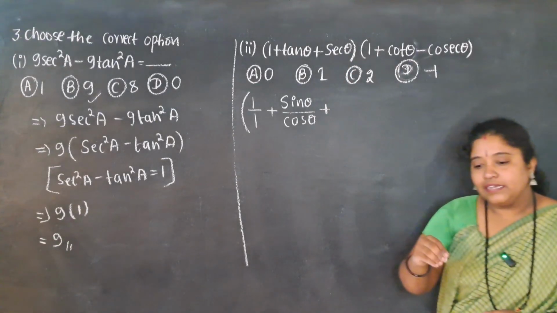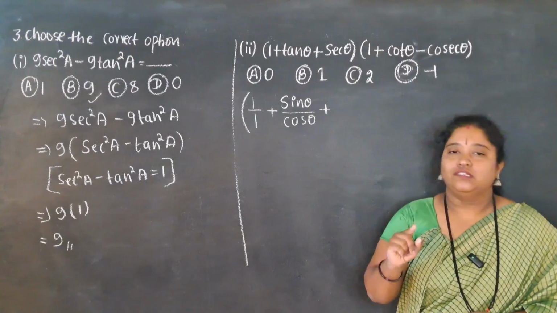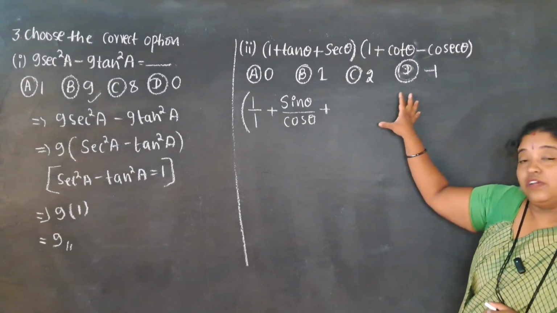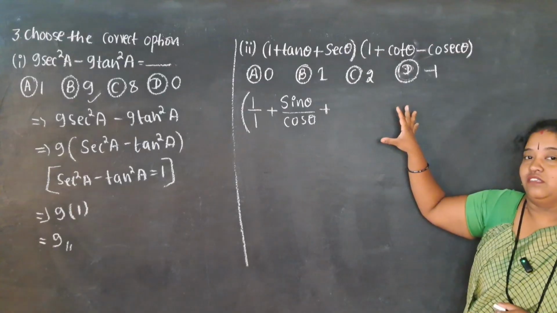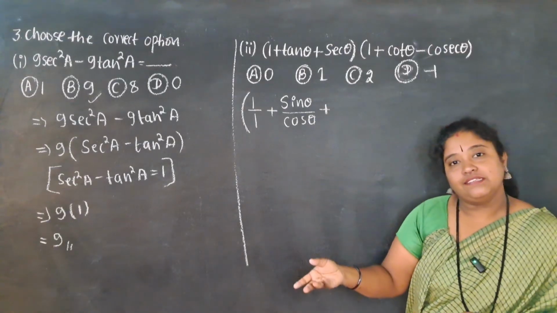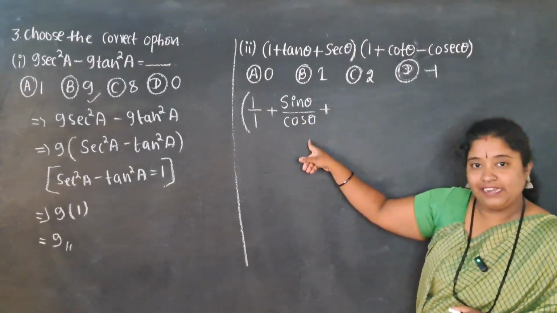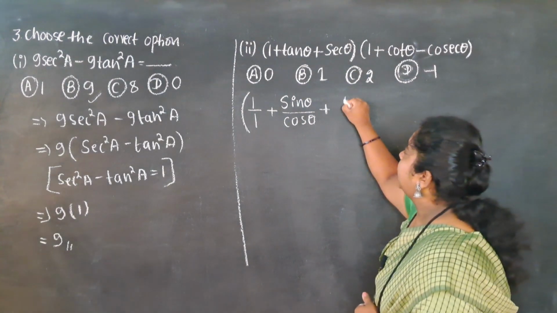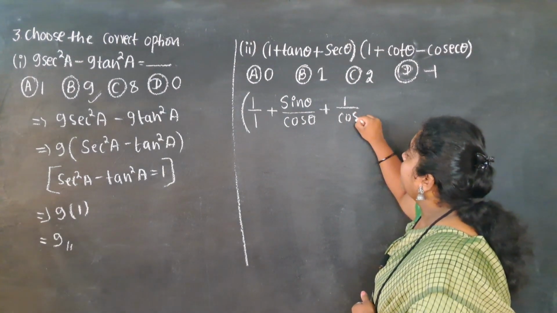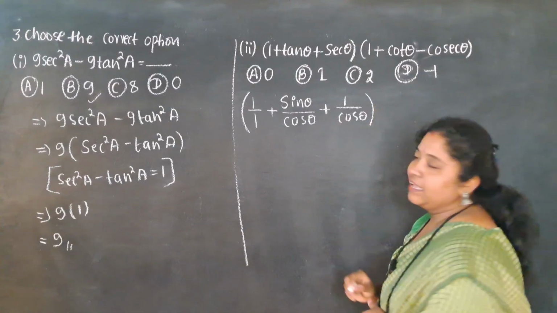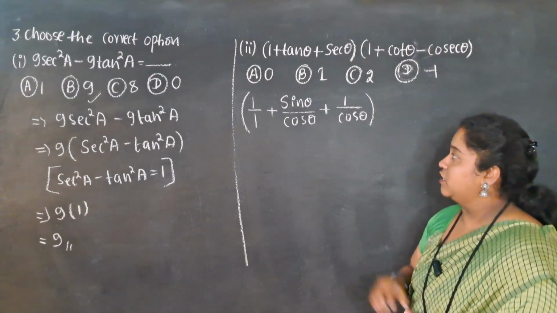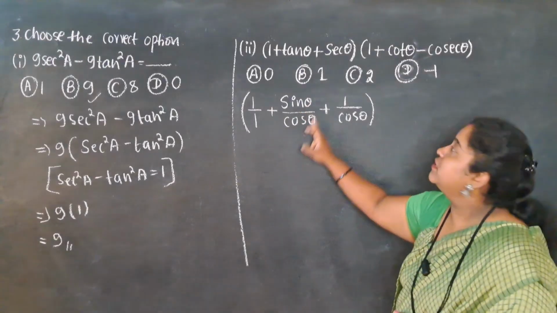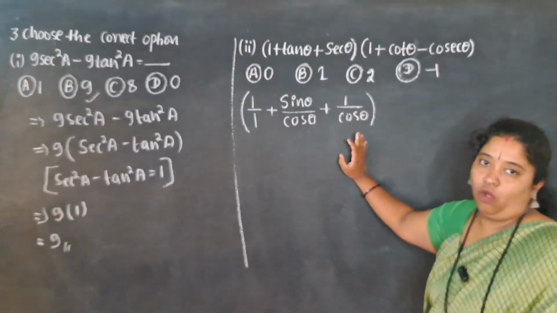Dear, sec and cos are reciprocal to each other, and I told you whenever complex trigonometric functions are used, convert them into simple form by using sine and cos. Now sec theta, I'll be writing it as 1 divided by cos theta. So I have written 1 plus tan as sine by cos and sec as 1 by cos.